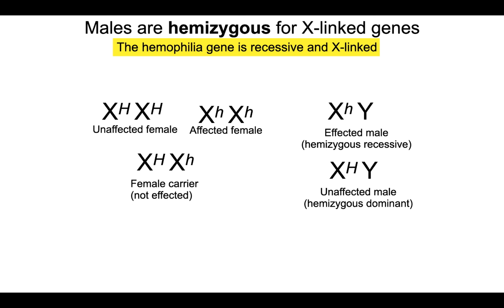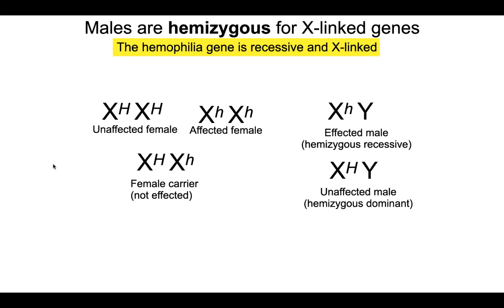Now, if we're talking about a gene that resides on the X chromosome, we need a new way of showing that. So what we do is this: we make an X, and we put the allele on it, because we know that gene is on the X chromosome.